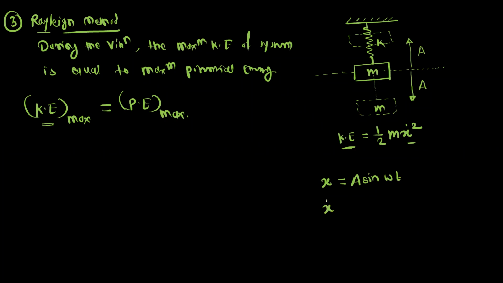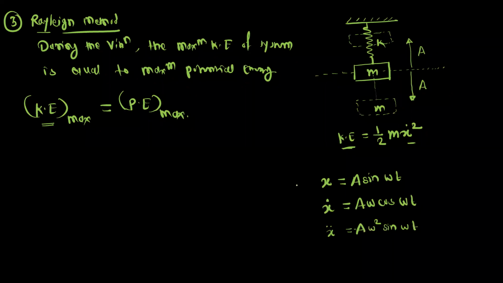Then x dot, that is a velocity, this is A omega cos omega t or cos omega n t, where omega is the frequency, that is the natural frequency. And acceleration x double dot, this is equal to minus A omega square sin omega t.